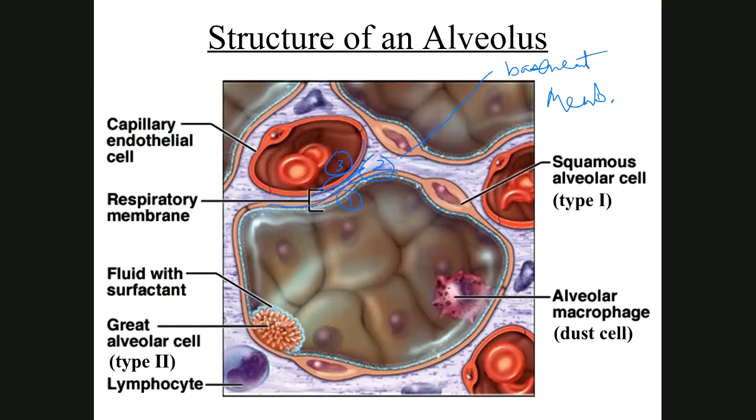Gas exchange between the blood and the lung is external respiration. And in external respiration, what do you think? Is it oxygen loading or oxygen unloading? This is external respiration. Good, so it would be oxygen loading.